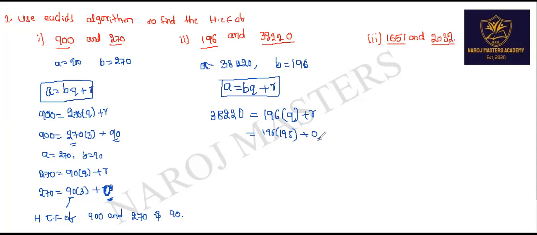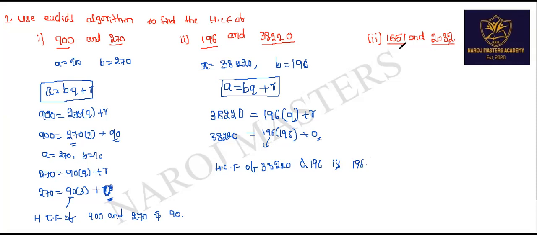Okay. So once you get R is equal to 0, then the value of B is known as our HCF. Hence, the HCF of 38220 and 196 is 196 only.